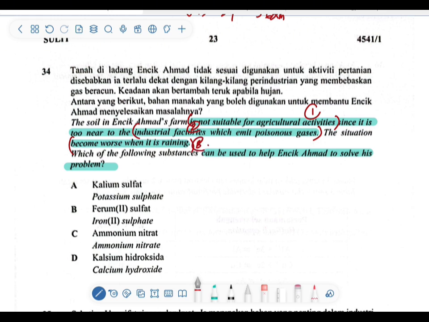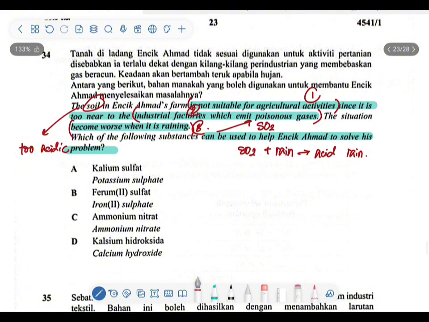raining. So it is reasonable to predict that this poisonous gas is actually sulfur dioxide, and we know that when this sulfur dioxide reacts with the rain, it will produce acid rain. So it means that this soil is actually too acidic, so it is not suitable for the growth of the crops.